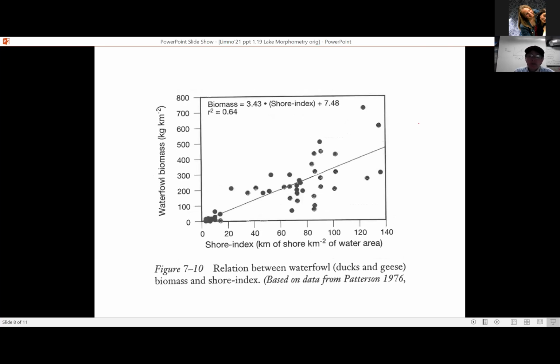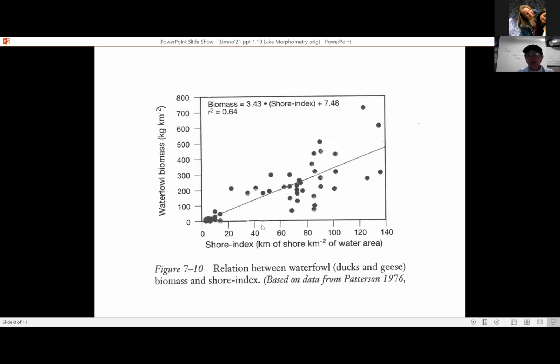How about that shore index, that shore development factor? There are different versions of the shoreline development factor. This one is calculated as a ratio of kilometers of shoreline to square kilometers of lake, which is not that different from what we did with shore development factor.